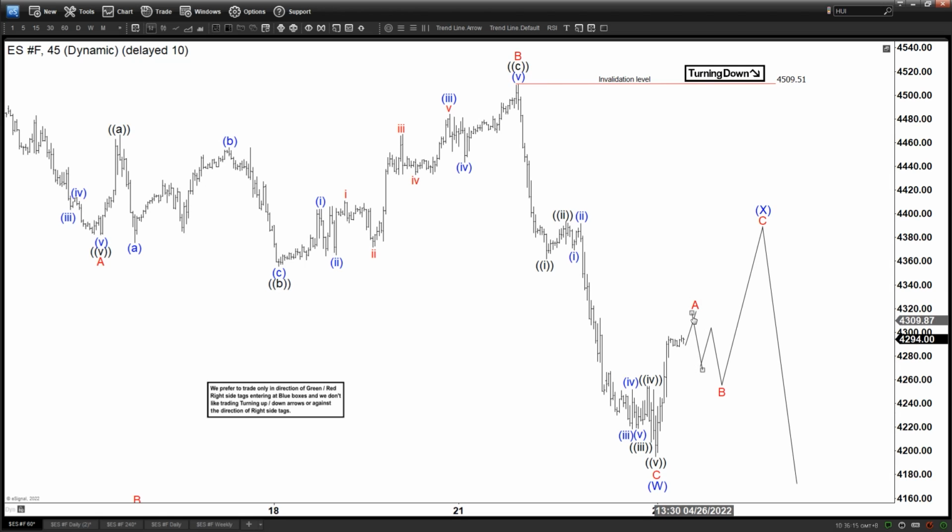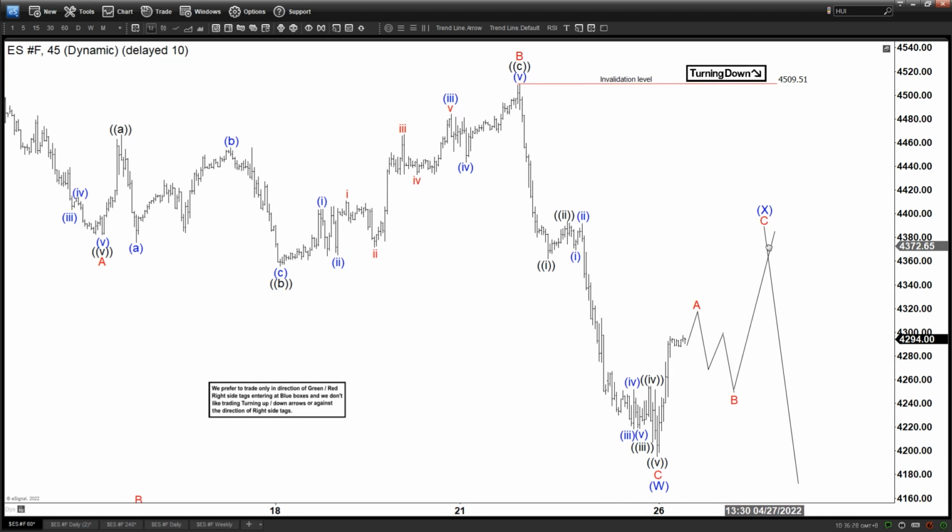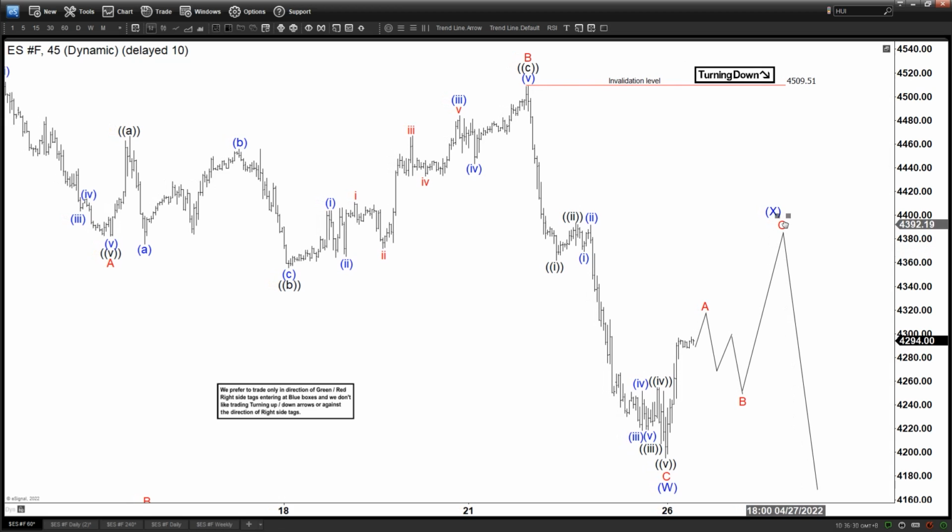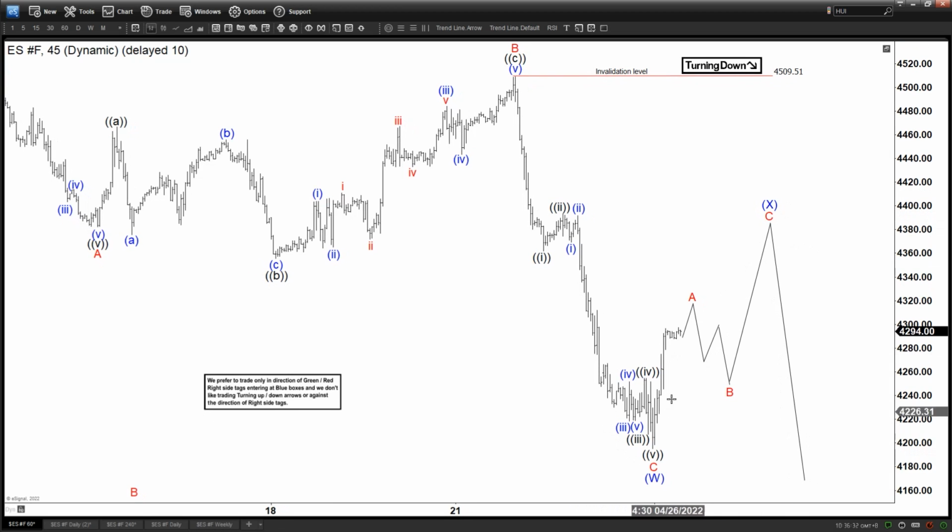S&P 500 E-Mini futures. We can see right here that we ended this W in the intermediate degree, and so now we are doing an X rally.